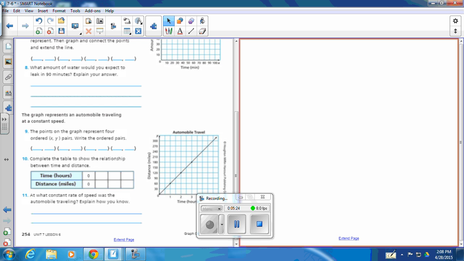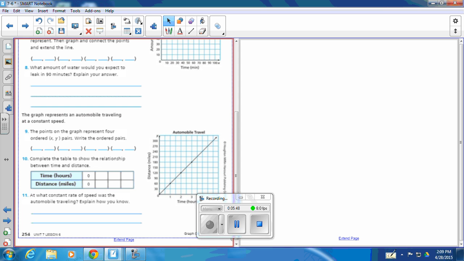Here's another example. This is an automobile traveling. Okay, so how fast is an automobile traveling? Here, 0 hours, it's gone 0 miles. But if it went for 1 hour, let's say this car is traveling at 60 miles per hour. So 1 hour would be what? 60.